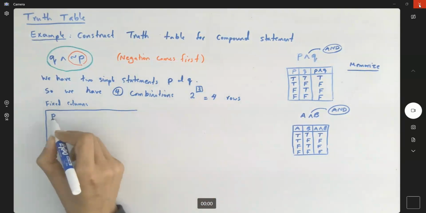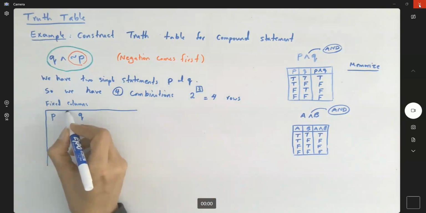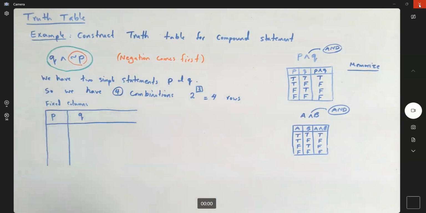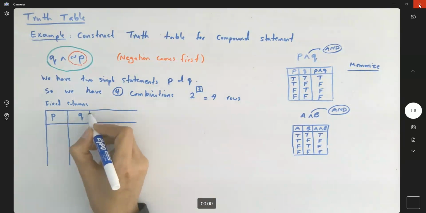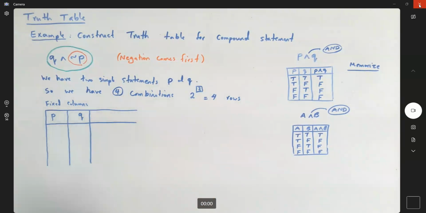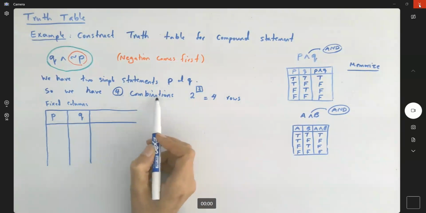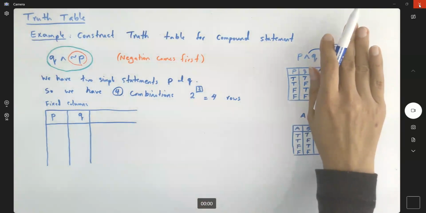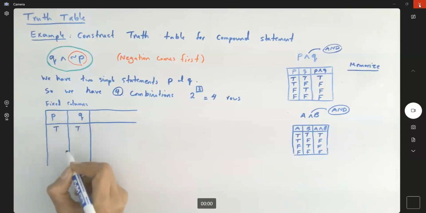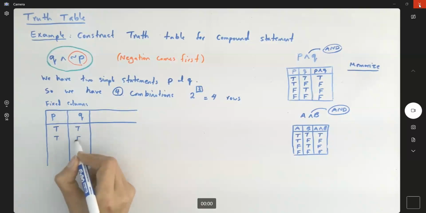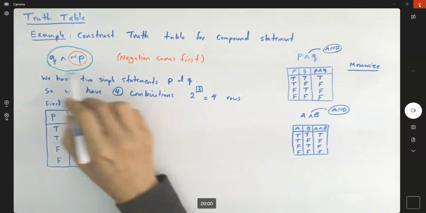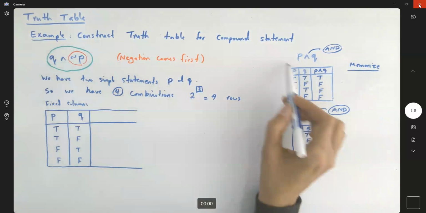The very first one is P and the second one is Q. These 2 columns are fixed because they represent your simple statements. Again, you have 4 combinations. It means that you have true, true, true, false, false, true, false, false. Very good. So the result is different.